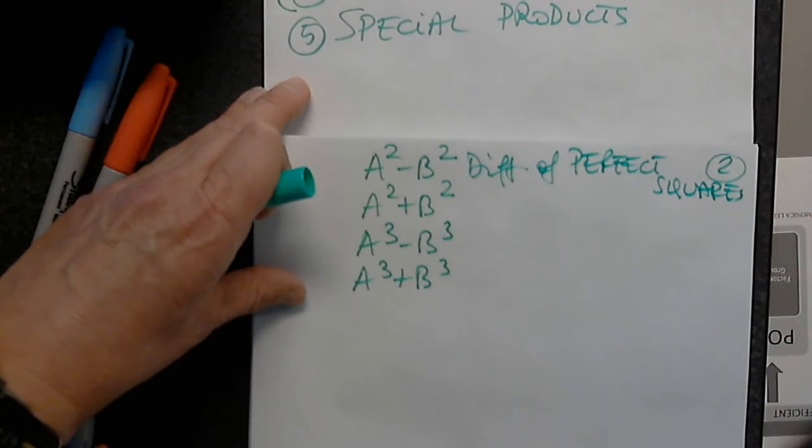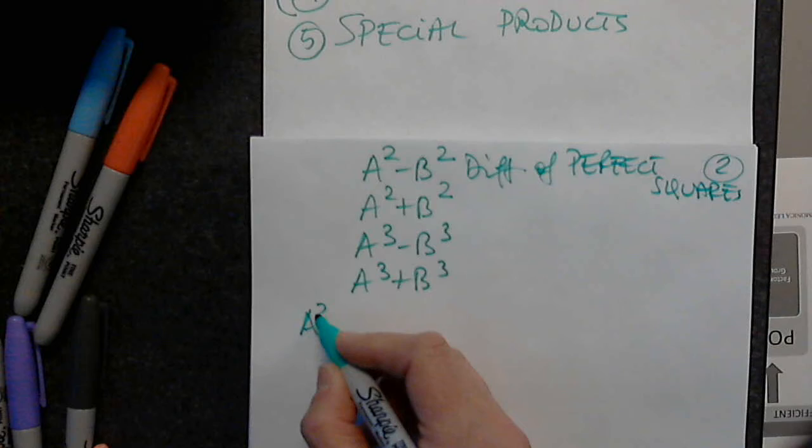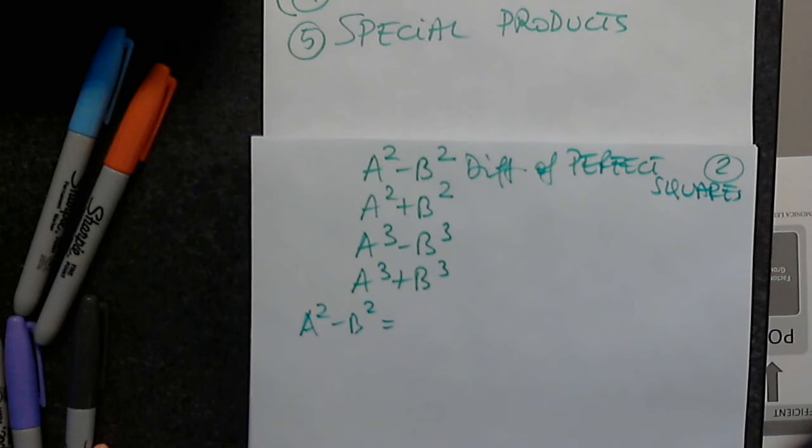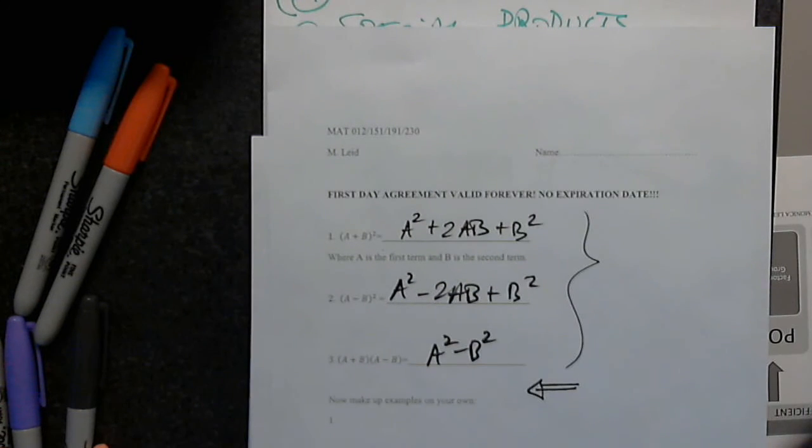Okay. So a squared minus b squared, how does it factor? How do I factor a squared minus b squared? Can anyone tell us how to factor a squared minus b squared?